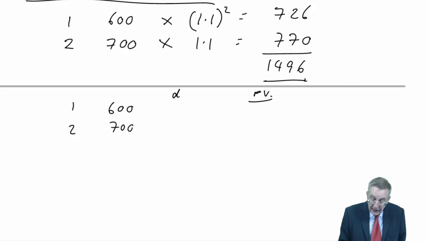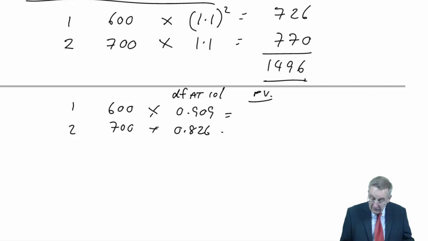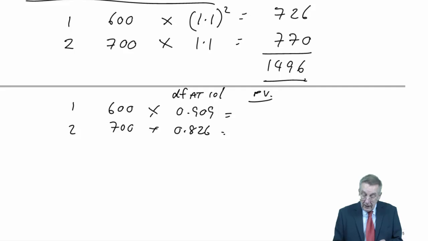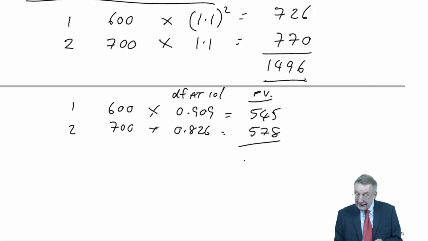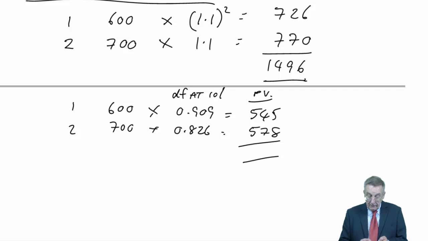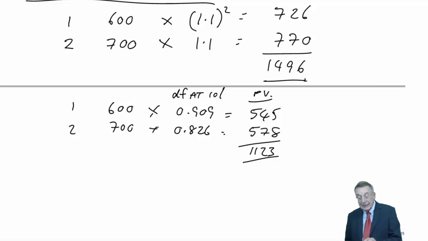So the present value, discount at 10%, the factors are 0.909, for 2 years 0.826. $545, 700 times 0.826, 578. Is 1123. Well, that'd be the present value at time 0.